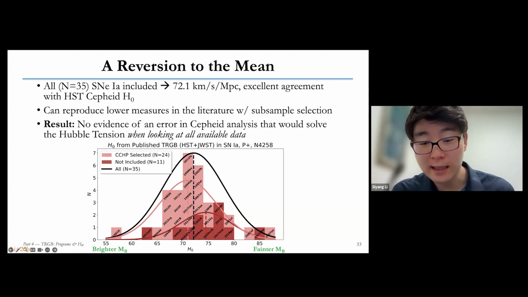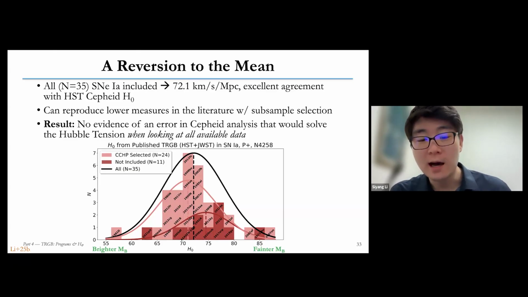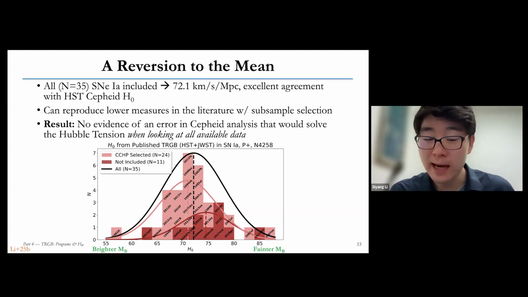Conversely, if you had selected the type 1a supernovae not included in that sample set, shown here in brick red, you would get a higher H naught. And of course, if you then combine them and use the full sample set, you would get something in between.